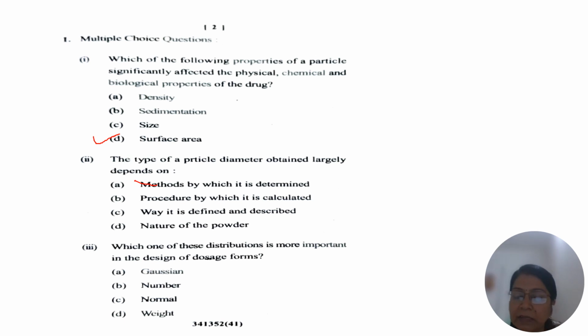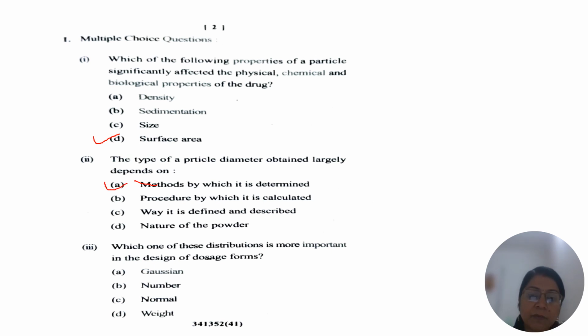Like microscopic method से अगर आप particle size determine कर रहे हो तो वो कहलाएगा projected diameter, और अगर आप sieving method से determine कर रहे हो तो वो sieve diameter कहलाता है. If you are determining it by sedimentation method तो फिर वो कहलाता है Stokes diameter. तो इस तरीके से अलग अलग पार्टिकल डायमीटर के नाम हैं, डिपेंडिंग ऑन द मेथड बाय विच इट इज डिटरमाइंड. So answer is method A.